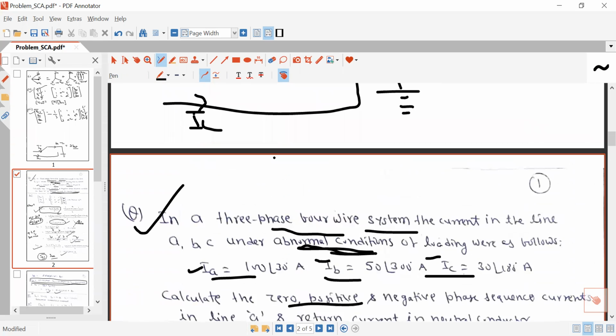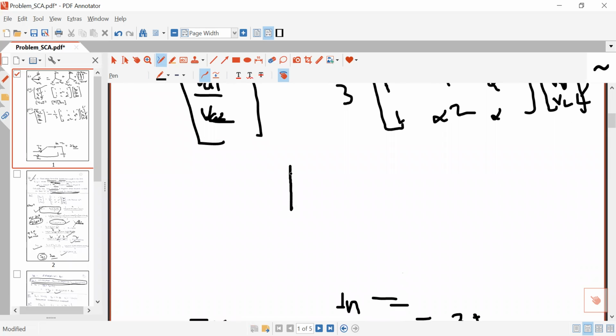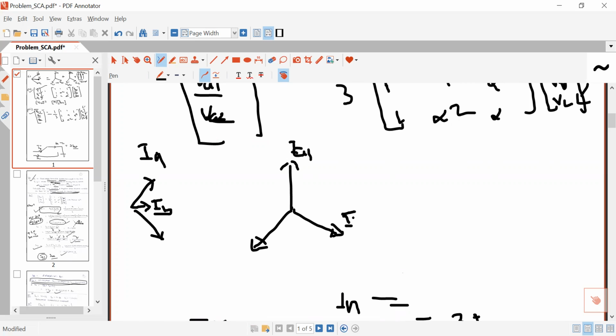One suffix has been used for the positive sequence component, so you have to draw the positive sequence component. If this is the unbalanced phasor given in the problem, then according to symmetrical component analysis, one component will be the positive phase sequence component, whose phase sequence is the same as the original phasor.